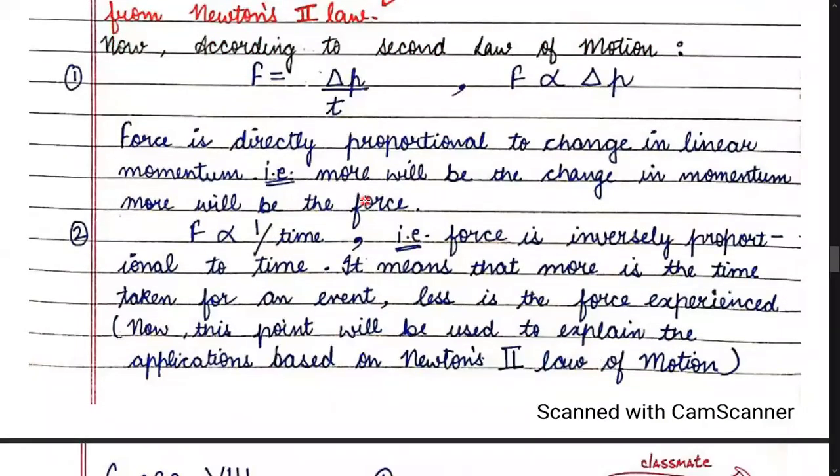Now, according to the second law of motion, force is directly proportional to change in momentum divided by time. It means that force is directly proportional to change in linear momentum. Direct relation means if you increase the change in momentum, not just momentum, the change in momentum, then the force will also increase.